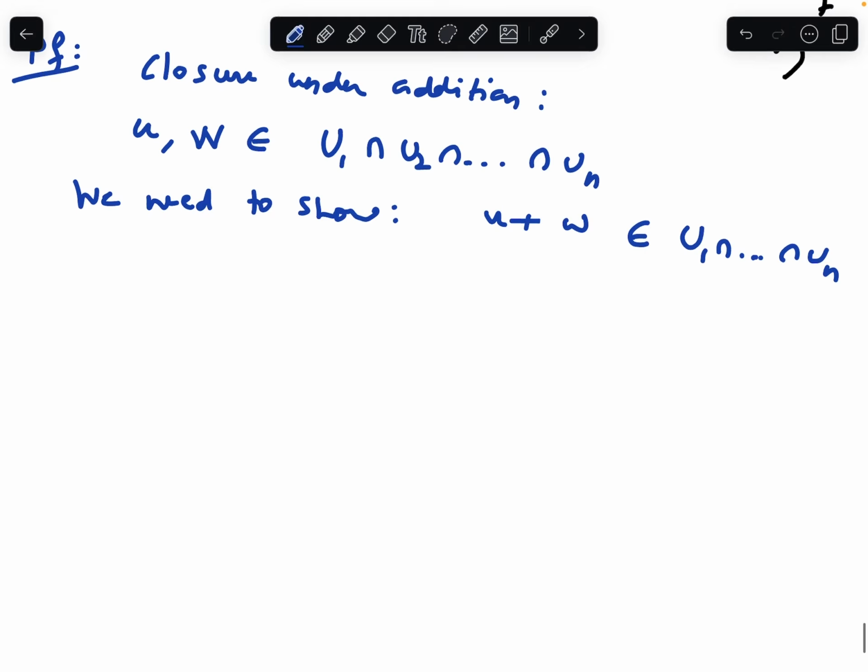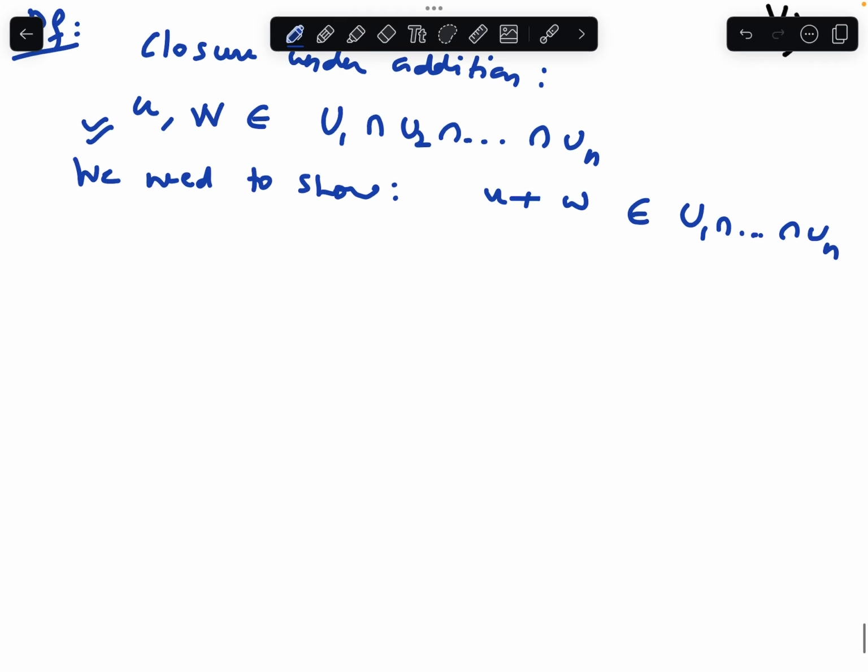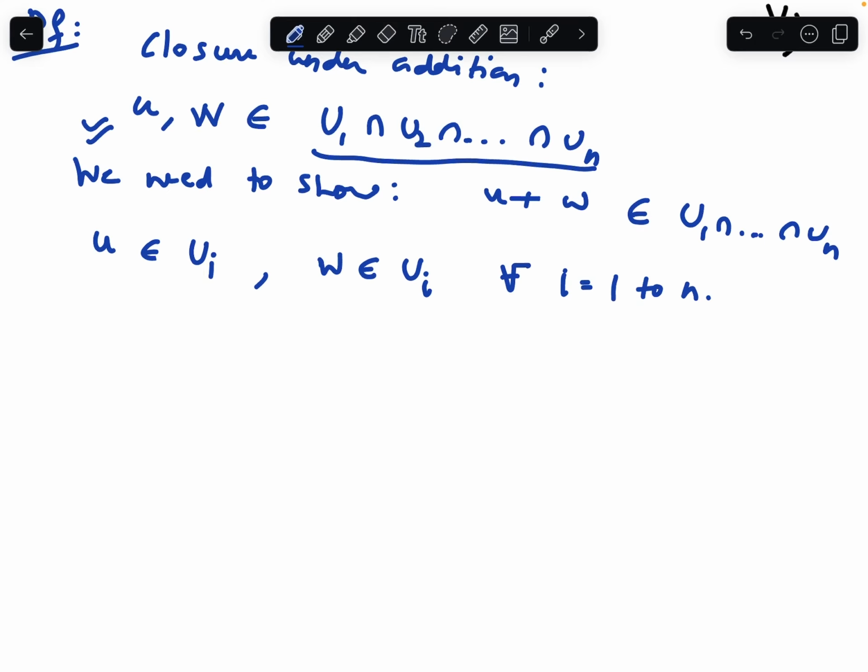Let's do it. So what does this statement mean? It means U is inside U1, it is inside all the UIs. That is, U is in UI and W is in UI for every I from 1 to N, because this is what intersection means. If U is inside this intersection, that means U is inside each of them.